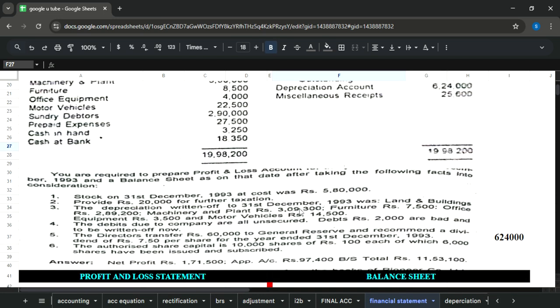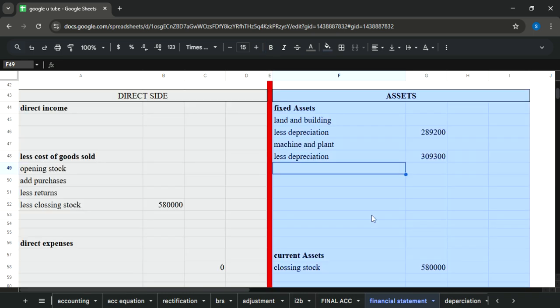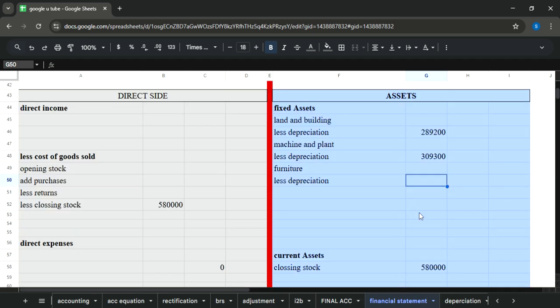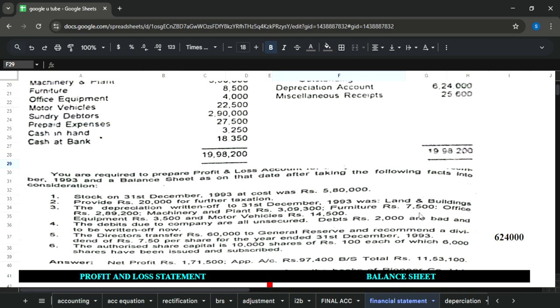After machinery we have furniture. Let's represent its depreciation as well. Depreciation of furniture is 7,500. Write down 7,500 over here. After furniture we have office equipment.